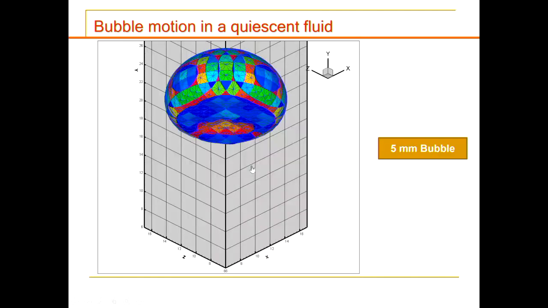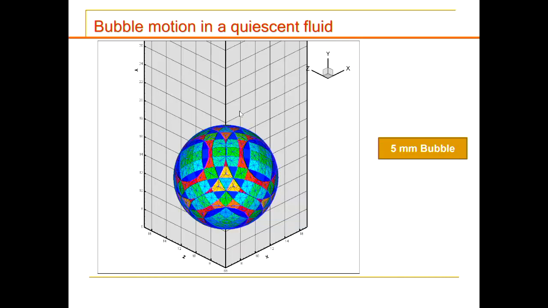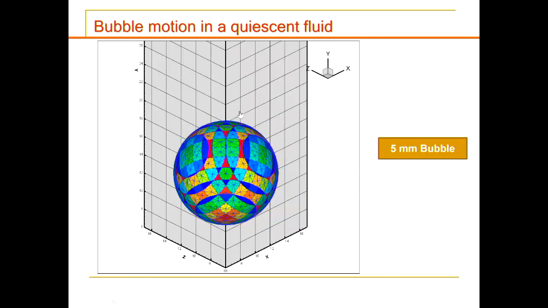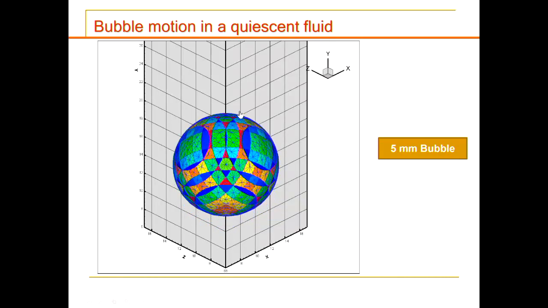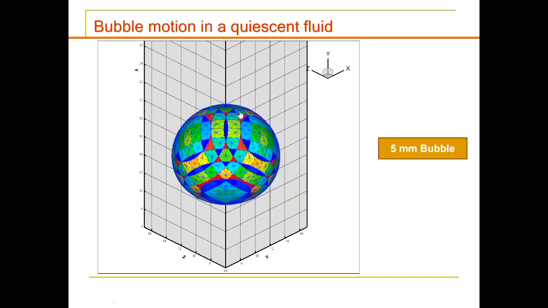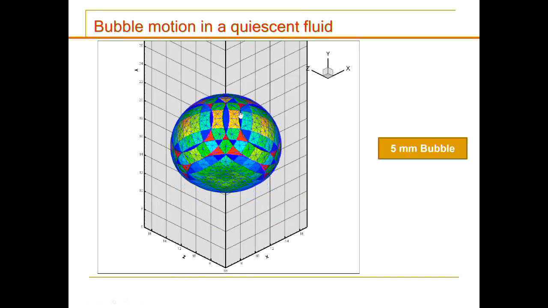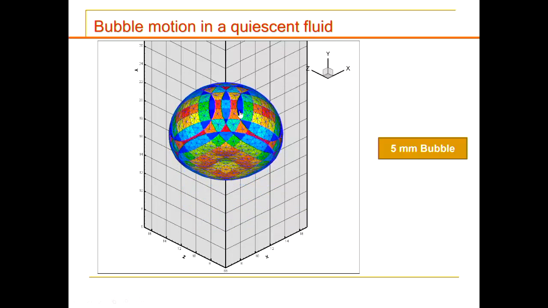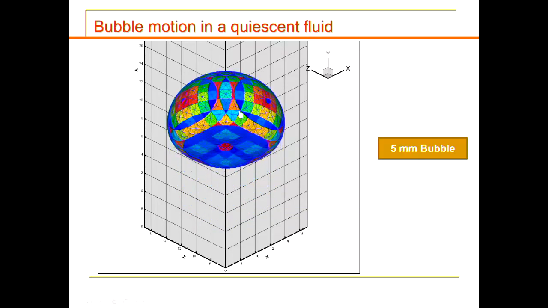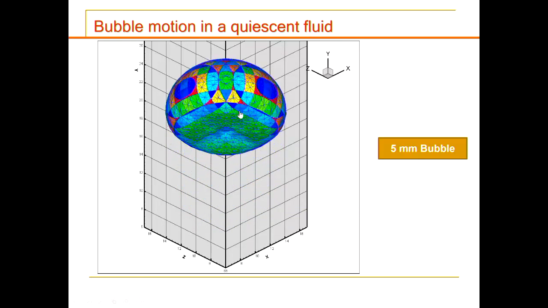Now, for this 5 millimeter bubble, you can see it's becoming a cap bubble. What happened here is that for a 5 millimeter bubble, the surface tension is not as high as for the 1 or 2.5 millimeter bubble, so you see the bottom surface moving faster than the top itself. That's why it's becoming like a cap bubble.